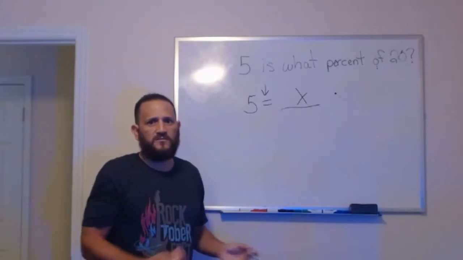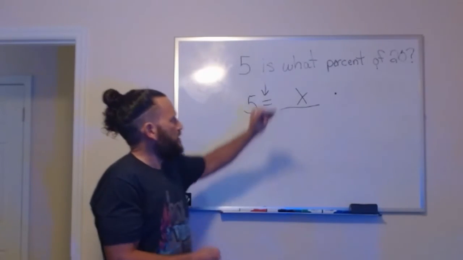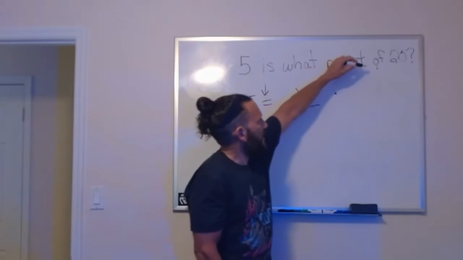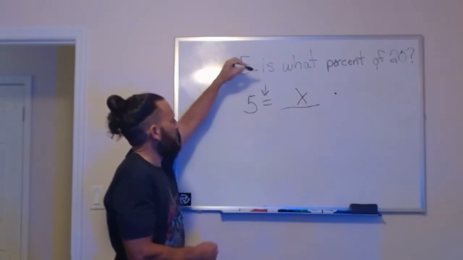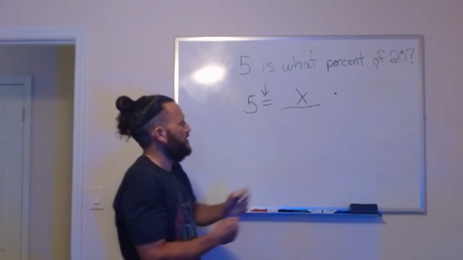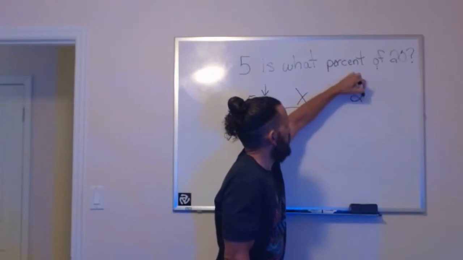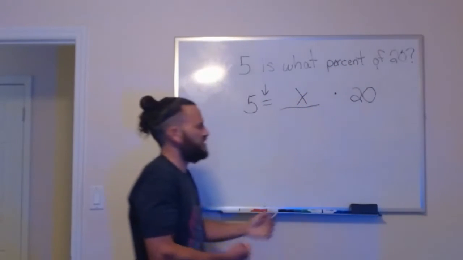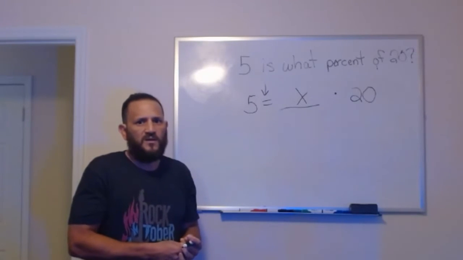Get over it. Okay? So we got the dot. Remember, of is representing the dot. Is representing the equal sign. And we know 20, so let's just put 20 here. That's the setup. Okay? That's the setup.